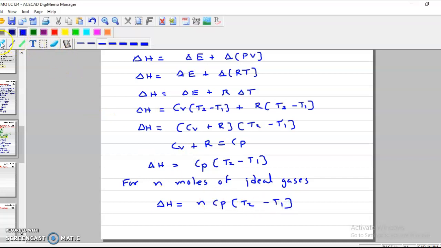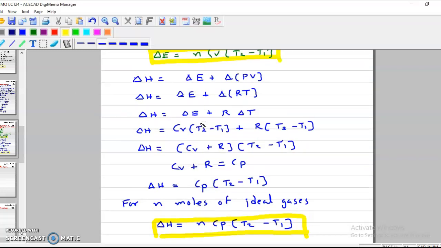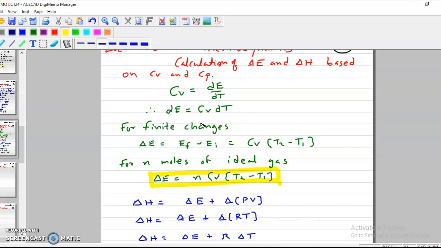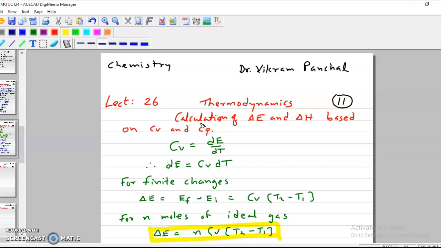So this is also one of the important formulas to calculate delta H if you are given two different temperatures, moles of gases and CP. Okay, so we can remember these two formulas to calculate delta E and delta H based on CV and CP.